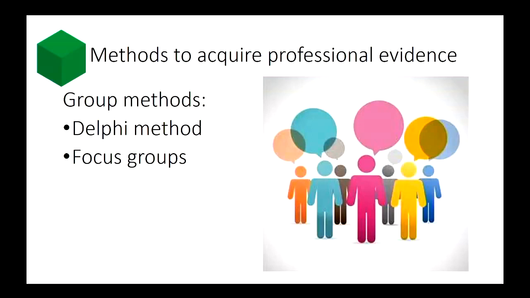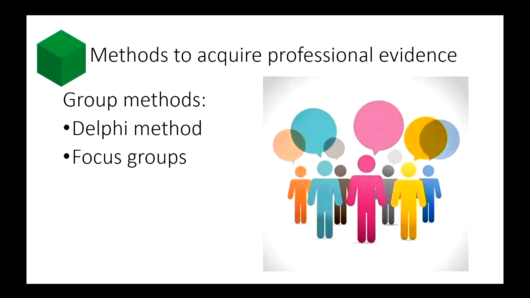How do you acquire all this data or information? Some methods. One is what's called the Delphi method, where it's an iterative process. You ask questions of a group of experts, then you circulate the answers to all of the experts. Each expert will then see what the other people have said.